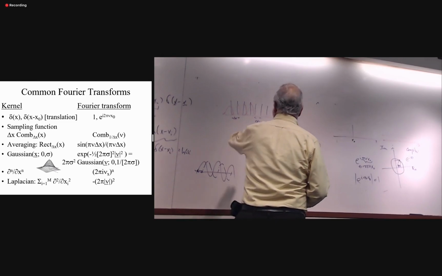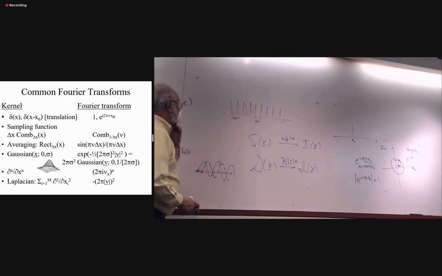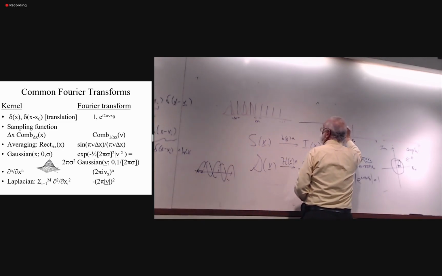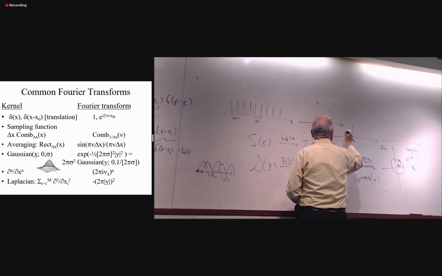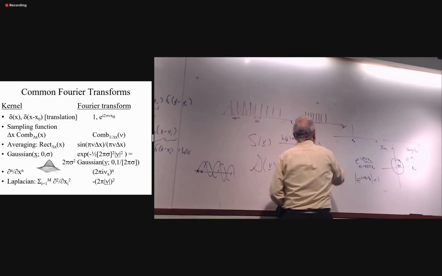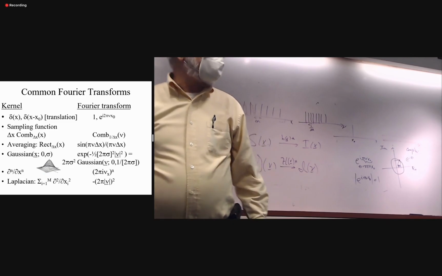Now what about this guy here that was the cone? What's his Fourier transform? And the interesting thing is that in frequency, this guy's x, this guy's nu. In frequency, it's still a cone, but the spacing in frequency is the reciprocal of the spacing in x.